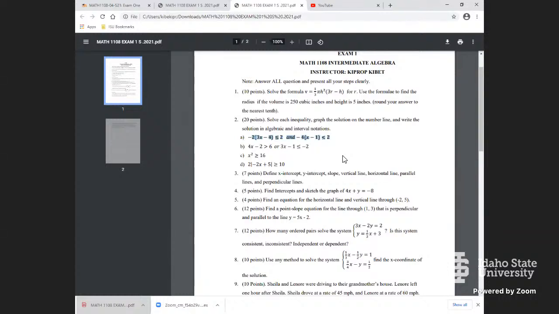Then for the definitions, this was actually very simple. If I say define x-intercept, instead of writing a lot of stories, you could have just said, when it is x-intercept, then y is equal to 0, right?